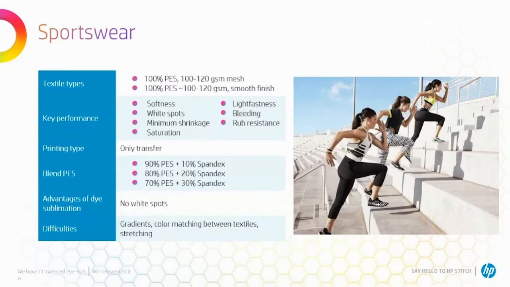So sportswear as a whole, it's mainly going to be polyester. The PES that you see means polyester. And so what are some of the key performance aspects of this? Well, the softness of the print, white color spots, the minimum shrinkage on this. A lot of this is going to be transfer papered.